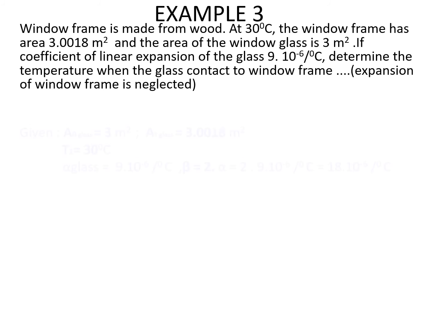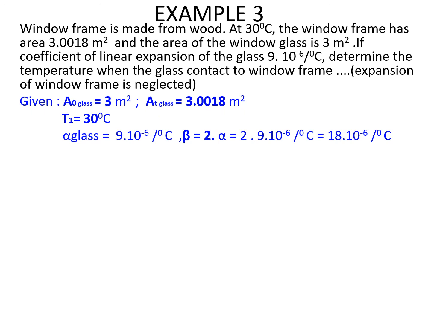From the problem we can get that given A0 glass equals 3 meters square. Because the expansion of window frame is neglected, we can use the initial area of window frame as final area of the glass. So AT glass equals 3.0018 meters square, and T1 equals 30 degrees Celsius.